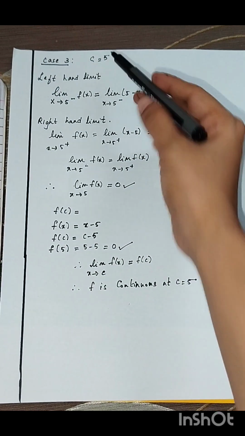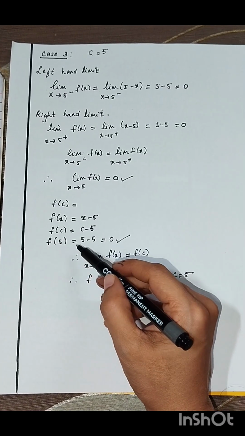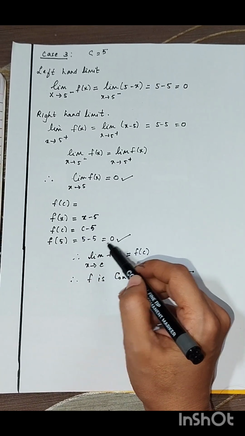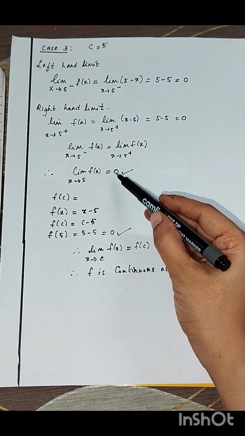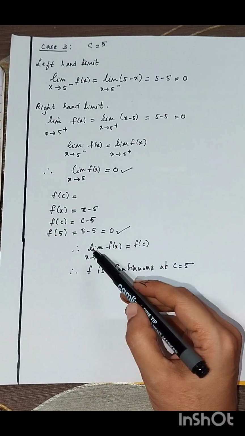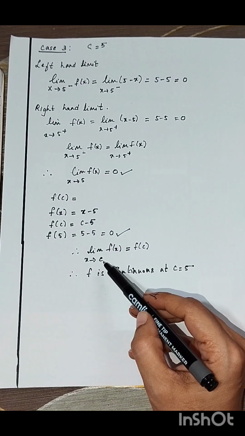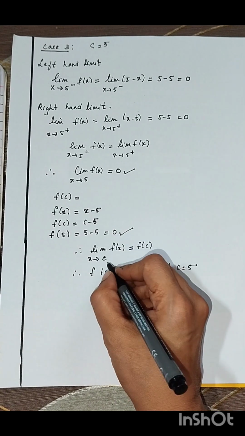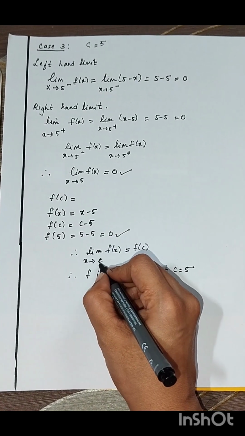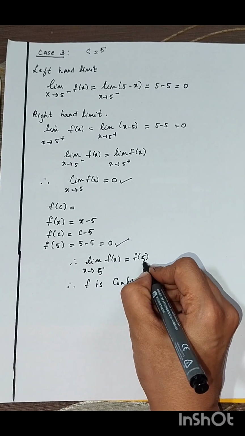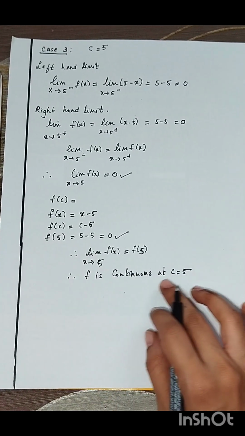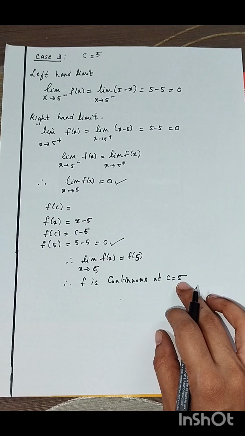But we know that c is 5 here, so f of 5 is equal to 5 minus 5, which is equal to 0. So we got LHS equal to RHS. That is, the limit as x approaches 5 of f of x is equal to f of 5. So f is continuous at c equal to 5.